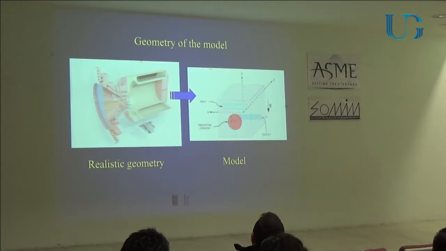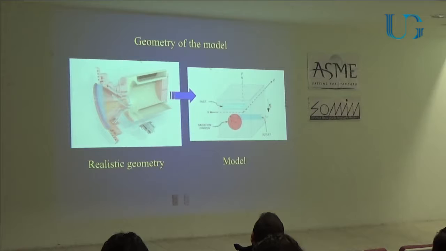First of all, we have a container that mimics this container here. Then we have a radiation window. What would be the radiation window that we have in here? And then we have the inlet, which is this one, and the outlet on the other side of the box.